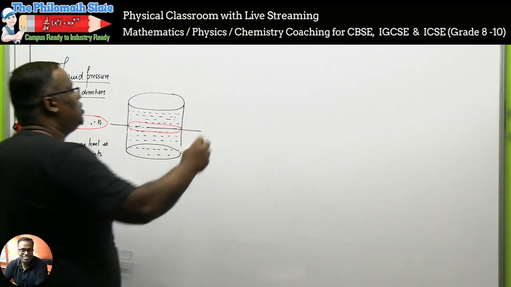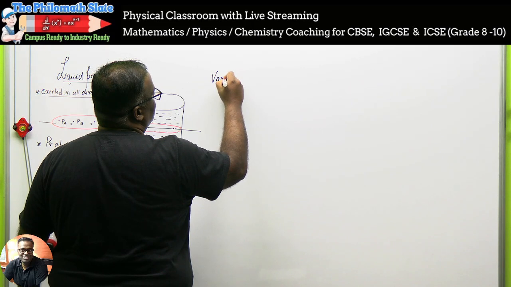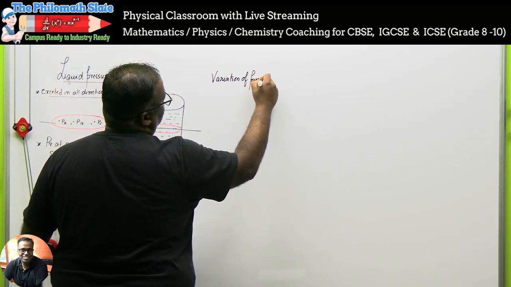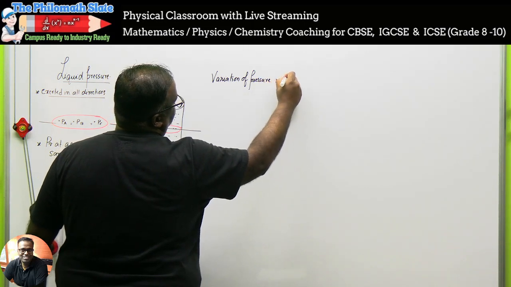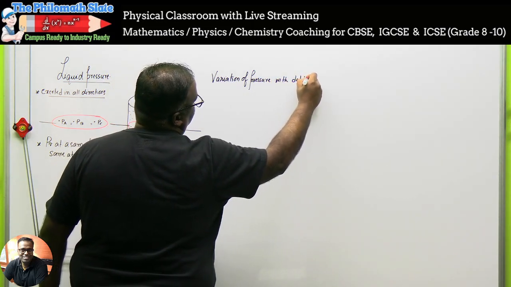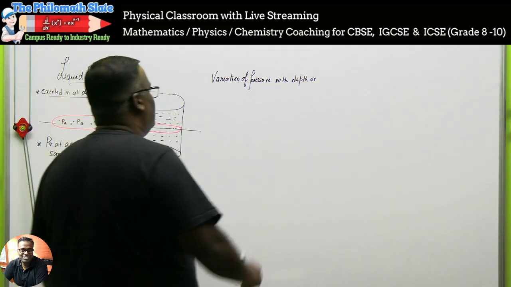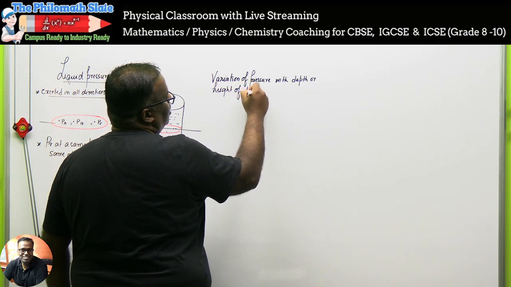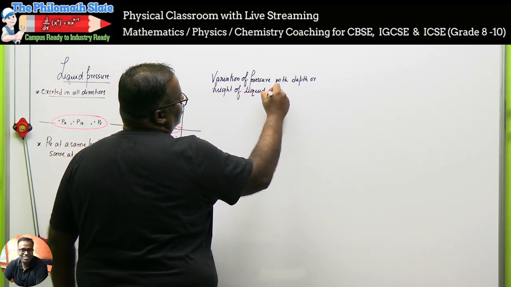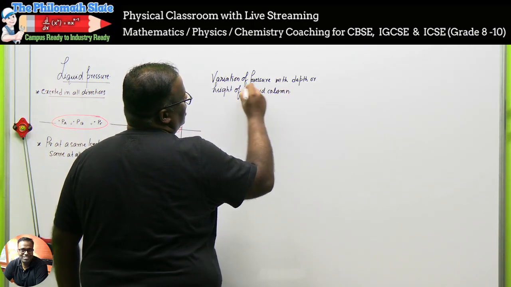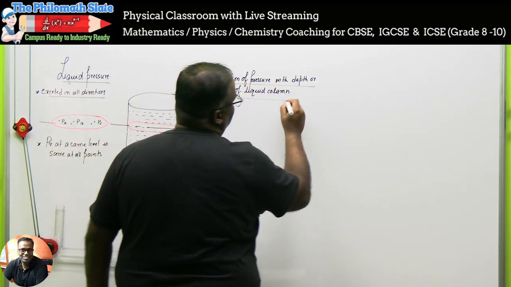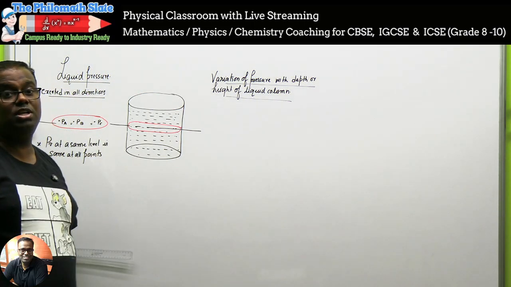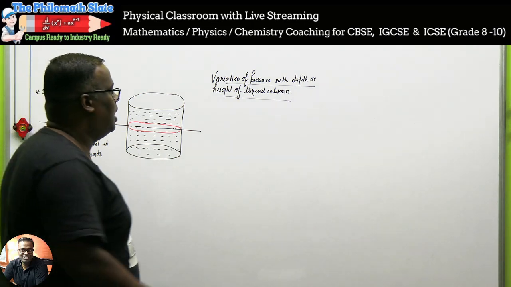So in liquid pressure, we see variation of pressure with depth, or we say height of liquid column. Let's try to understand what this is. Variation of pressure with depth or height of liquid column means: as you go down in the liquid, what is the impact on pressure? Okay, let's see.